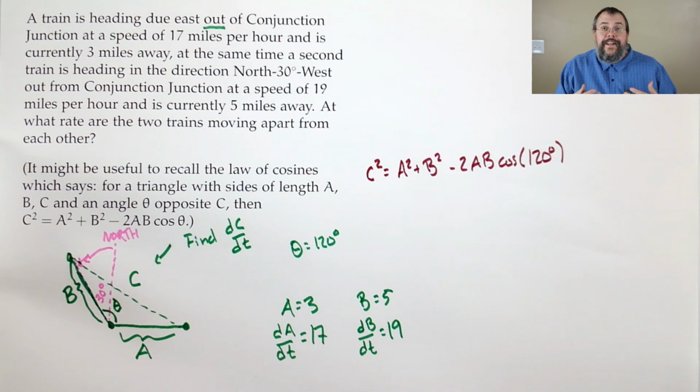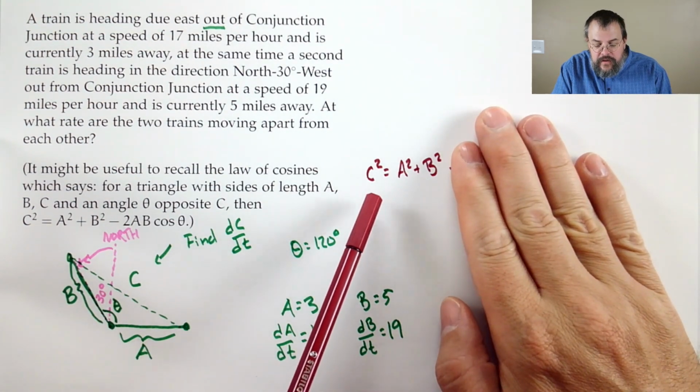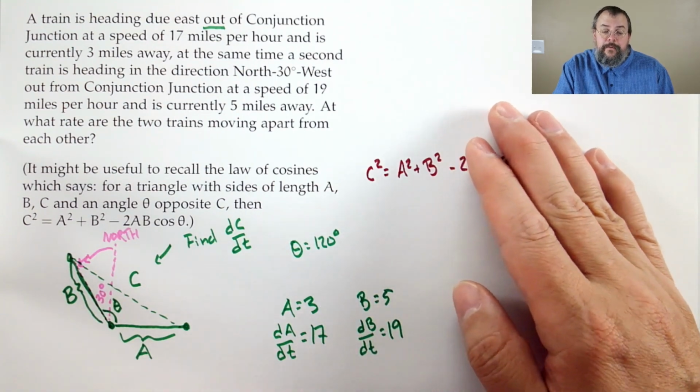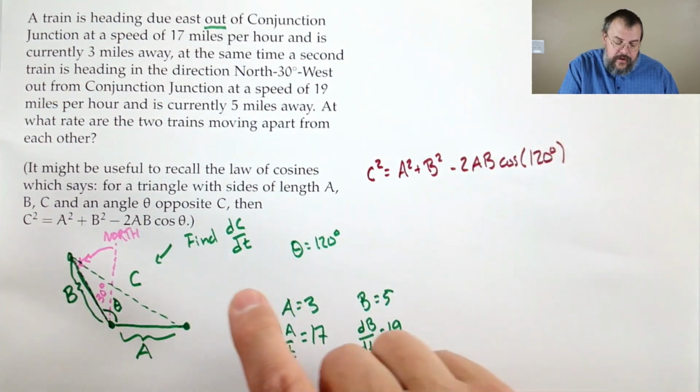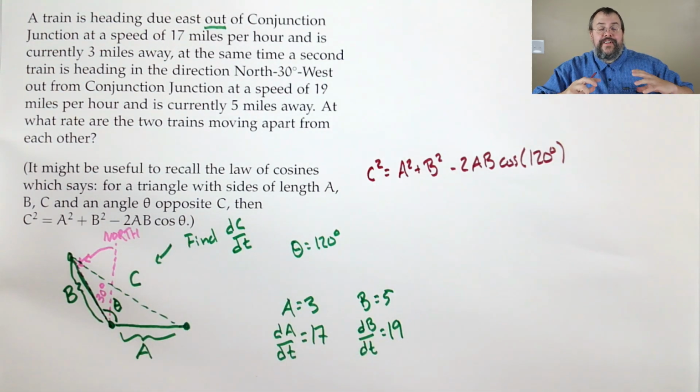Now, you might be saying, hey, that feels Pythagorean-theorem-like. Well, it should, because you see C squared equals A squared plus B squared. That is the Pythagorean theorem if your angle is 90, and notice cosine of 90 is 0. So in some sense, the law of cosines is the Pythagorean theorem if you don't have a right triangle. So, all right, what do we need?